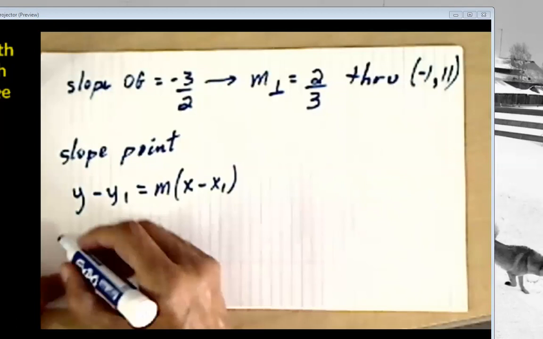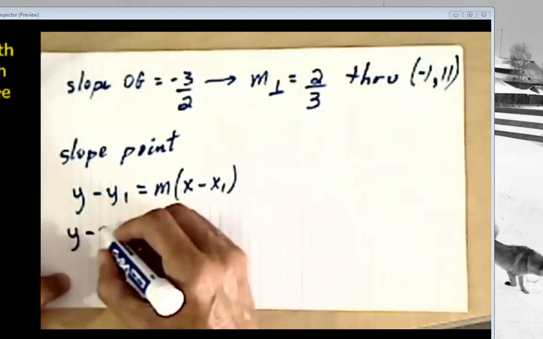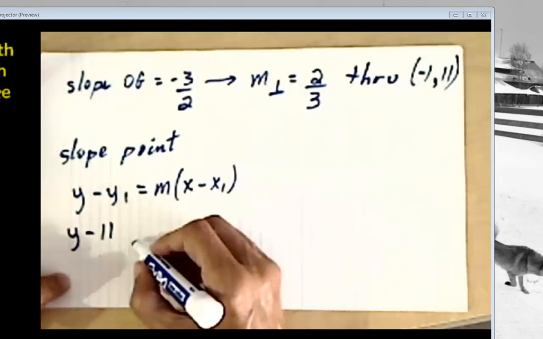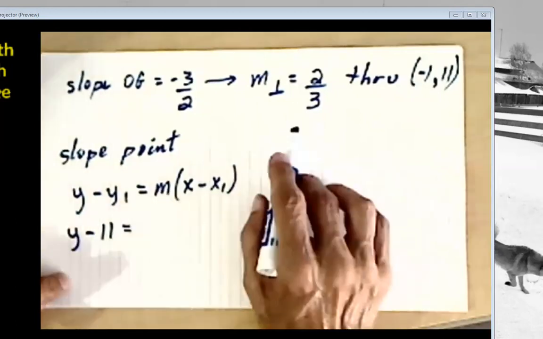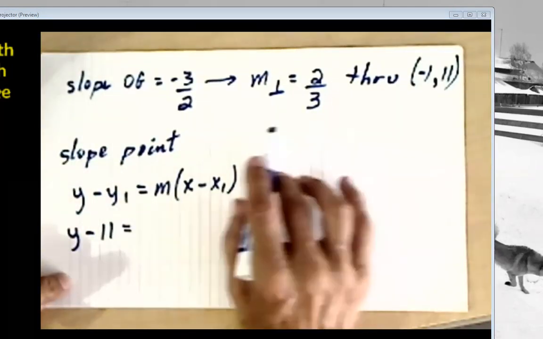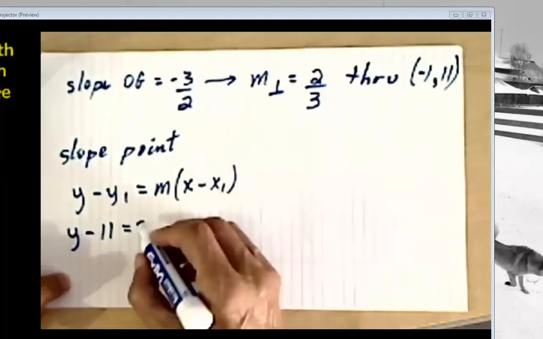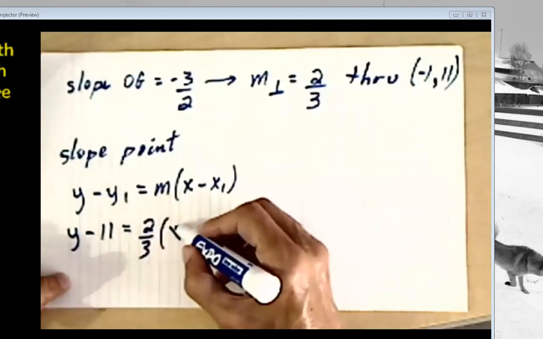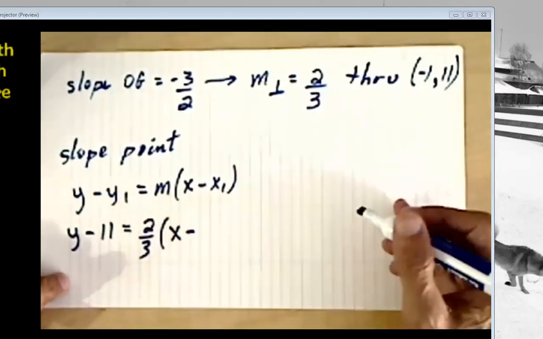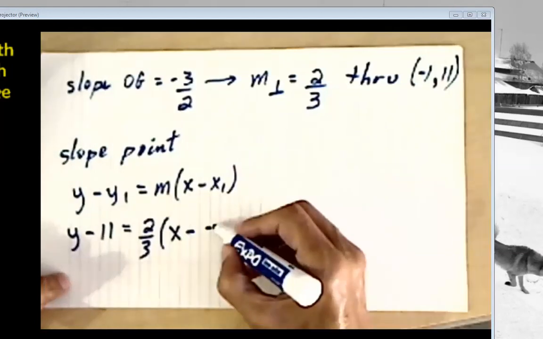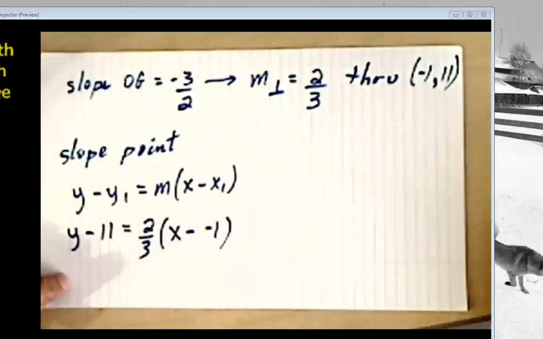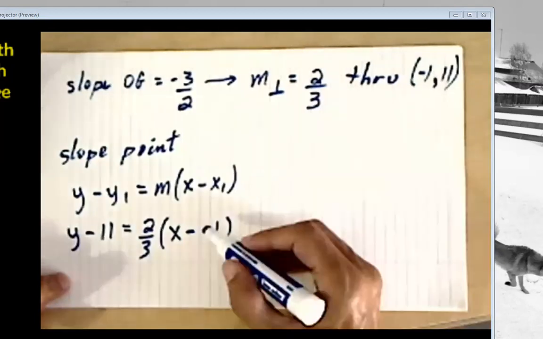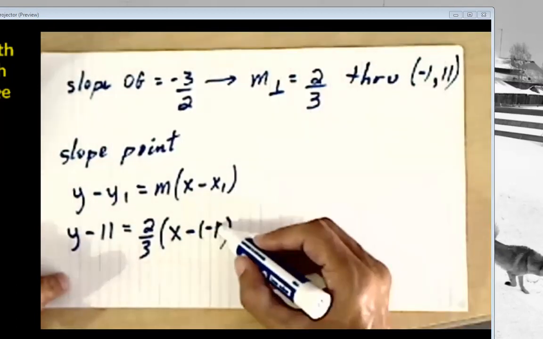So we got Y now minus 11 is equal to our updated slope, upside down, opposite sign, 2/3, X, and now this is what you got to watch for. It's going to be minus -1. Okay, and officially should have a couple of brackets in there, but hopefully it doesn't make it too messy.